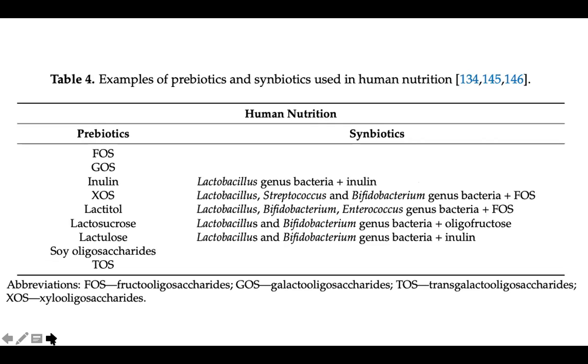So examples of prebiotics and synbiotics used in human nutrition. There are several, for example, fructooligosaccharides, FOS, galacto-oligosaccharide, inulin, xylo-oligosaccharides, lactitol, lactosucrose, lactulose, soy oligosaccharide, and trans-galacto-oligosaccharides.